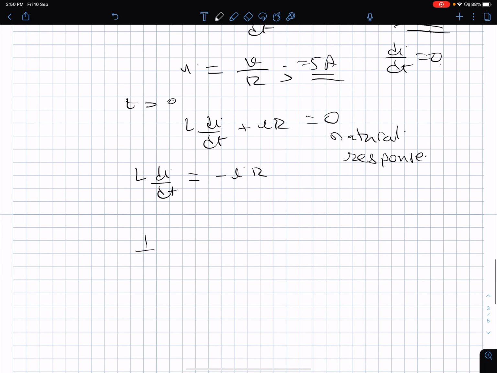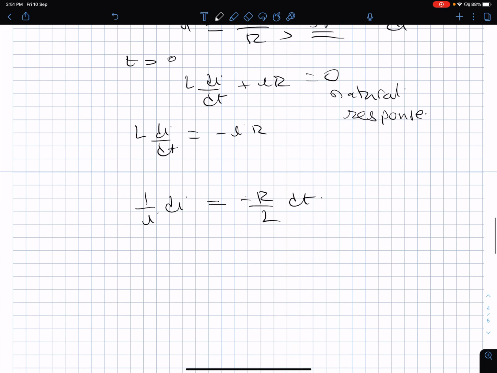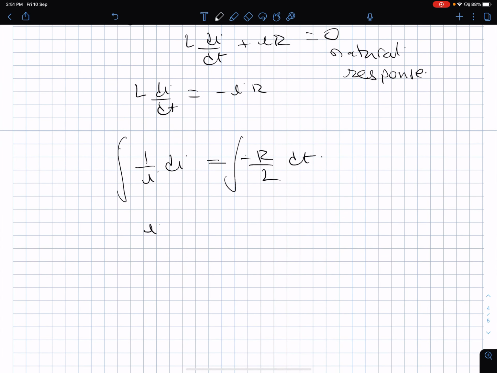So you get 1 by I di is equal to minus R by L dt, and then you integrate this and you keep the initial condition.